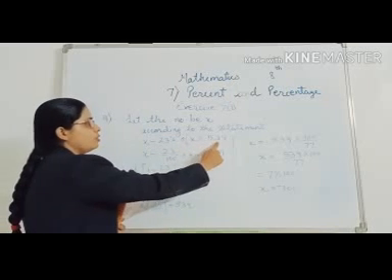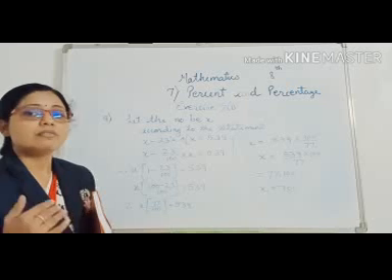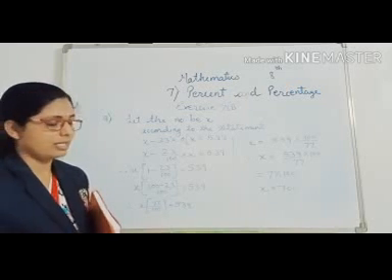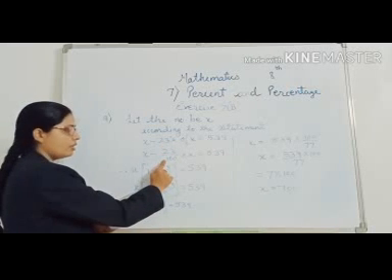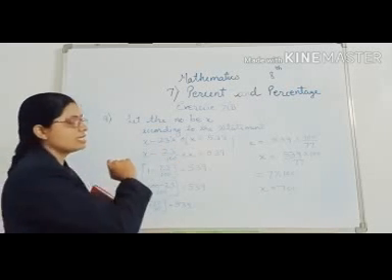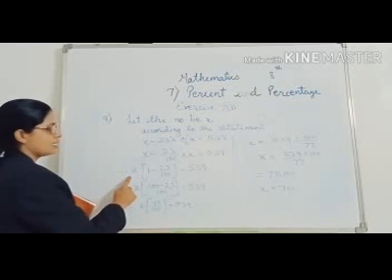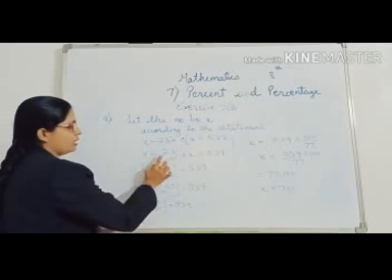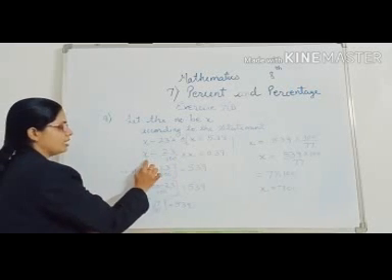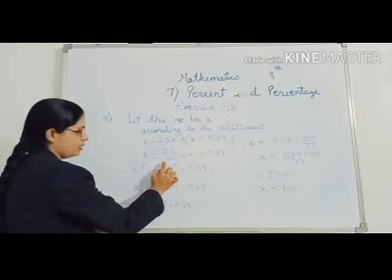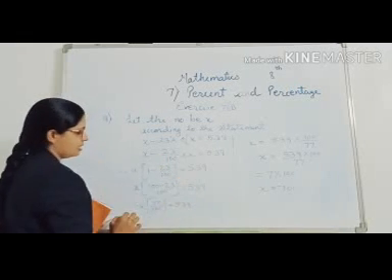So x minus 23 upon 100 multiplied by x equals 539, because after the decrease we are getting 539. Now we take x out as common. What is remaining here? 1. So x into 1 minus 23 upon 100 equals 539.